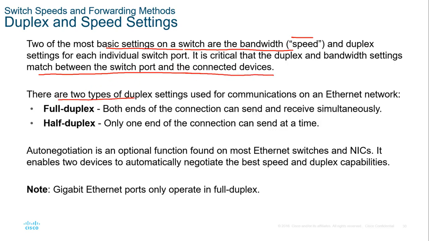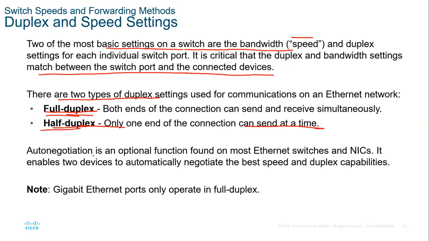There are two types of duplex settings: full and half. In full duplex, both ends of the connection can send and receive simultaneously. In half duplex, only one end of the connection can send at a time.